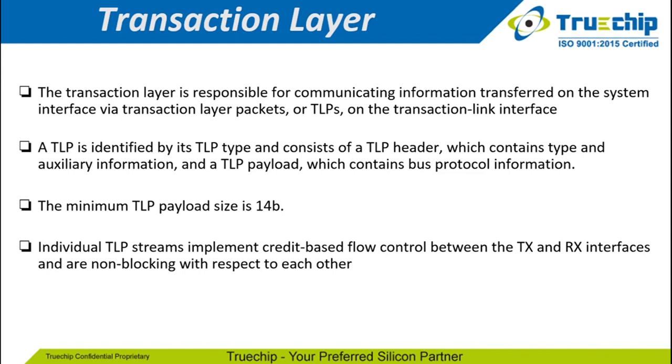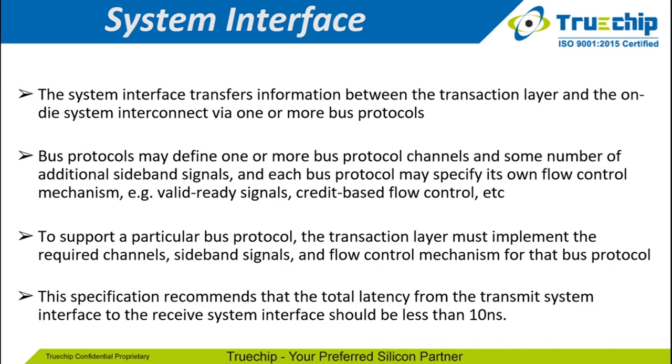The minimum TLP payload size is 14-bit. Individual TLP streams implement credit-based flow control between the TX and RX interfaces and are non-blocking with respect to each other. System interface. System interface transfers information between the transaction layer and the on-die system interconnect via one or more bus protocols.